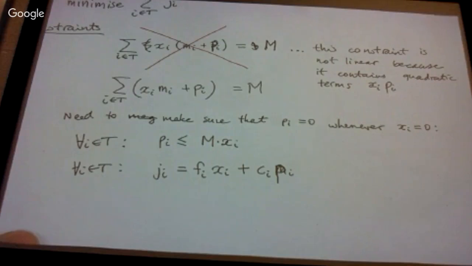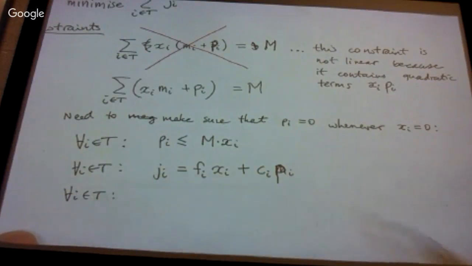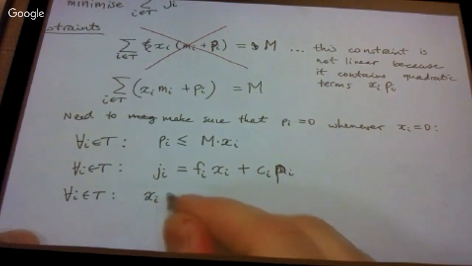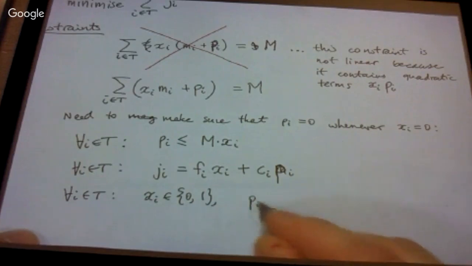And that should do everything, I think, other than we still didn't say that this variable has to be binary and this pi should be non-negative.